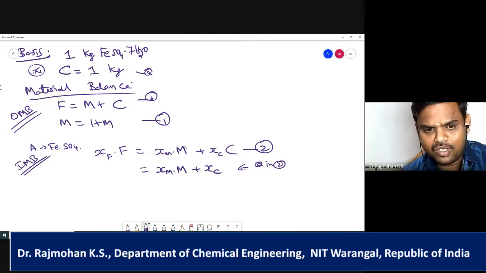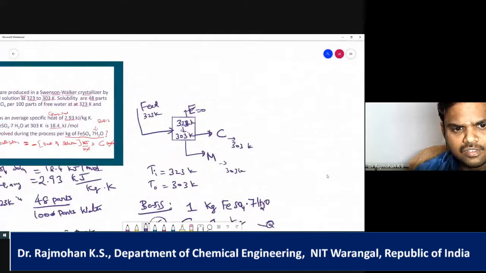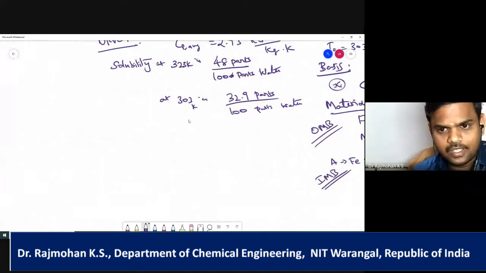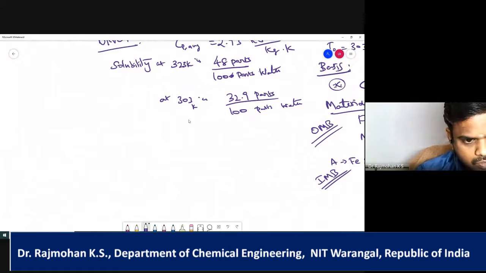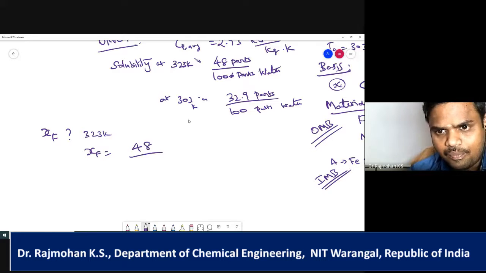I told you to calculate the molecular weights before getting into the problem because we have to substitute the XC value. So what is XC? Let us go back here. Solubility data is given, from that we will get the data. What is XF? Feed is entering at 323 Kelvin. It is 48 moles per 100 moles of water, but what is mole fraction?